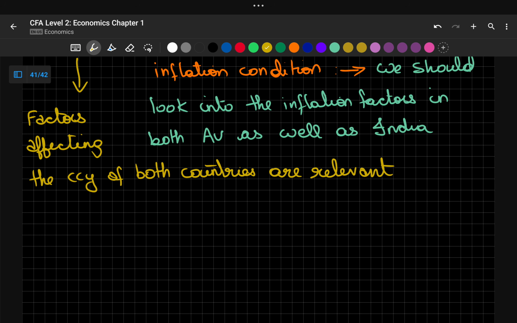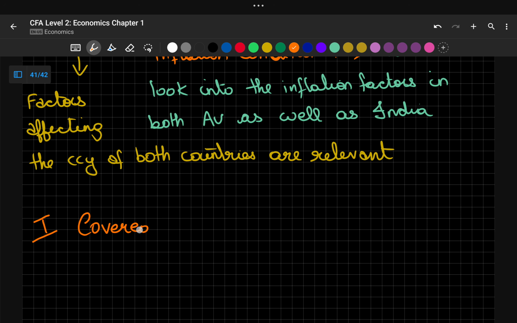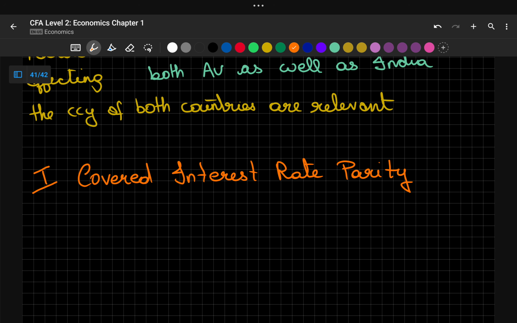That's all for an introduction about international parity conditions. Now we will be studying covered interest rate parity, the first interest rate parity in this chapter. We have already discussed this in the forward rates video, and I have given the link in the description.